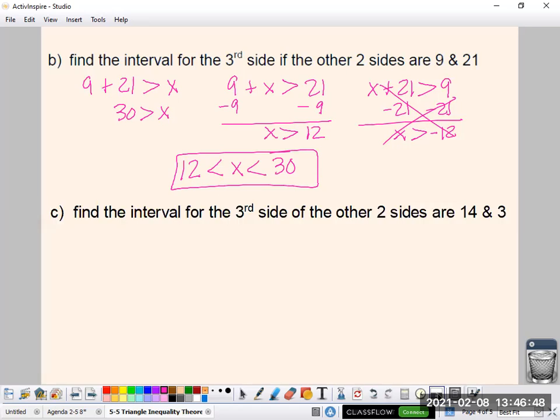On the third one, pause. You try this one, and I will tell you, there is a shortcut on these, a huge shortcut. So when you're done with this example, unpause and see if you got it right.